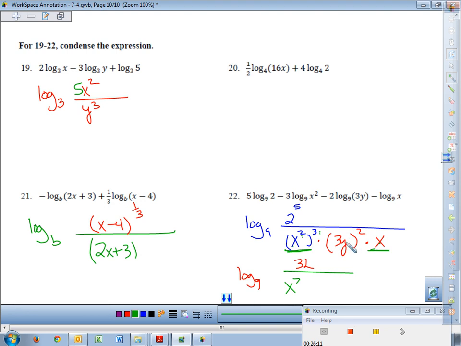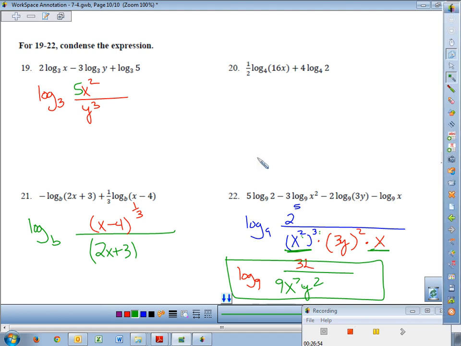X to the 7th. 3y quantity squared. What's 3y quantity squared? 9y squared, right? Where does the 9 go? Front, y squared here. Can 32 over 9 reduce at all? Yes or no? No, we'll leave it like that. Okay? We'll leave it like that for today.